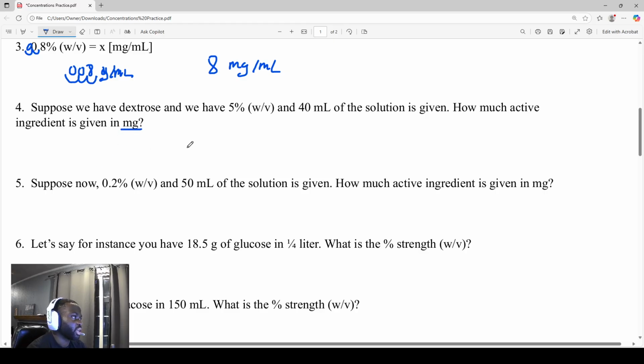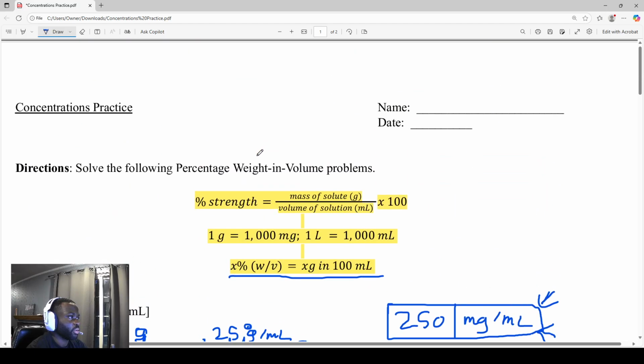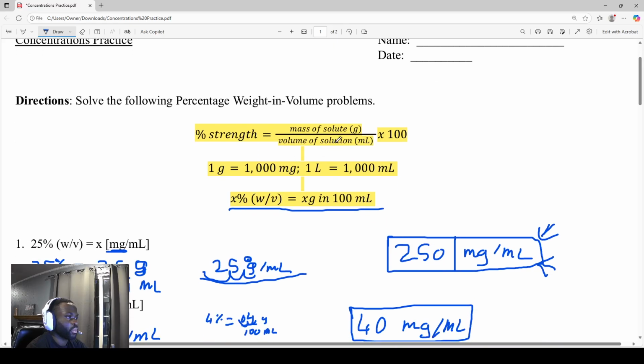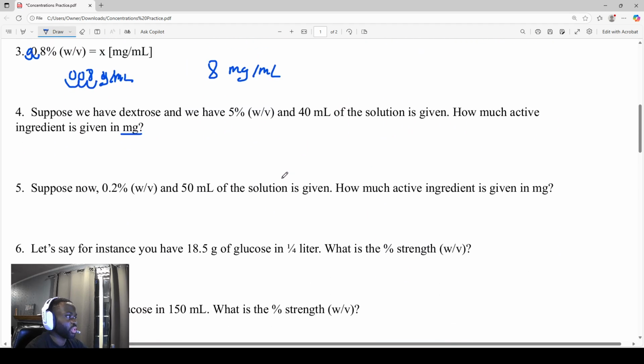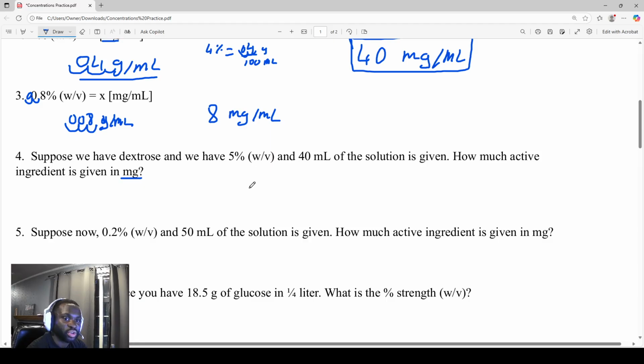Right? I underlined that because, let's go back up here, our formula requires we work with grams. So ultimately, we're going to get the grams, so we would need to eventually translate it to milligrams.